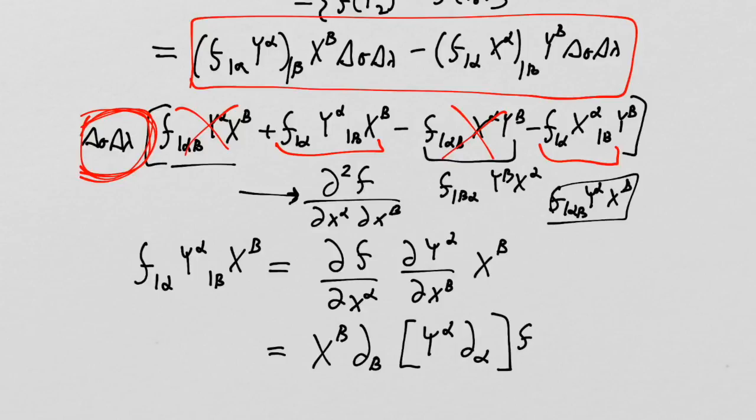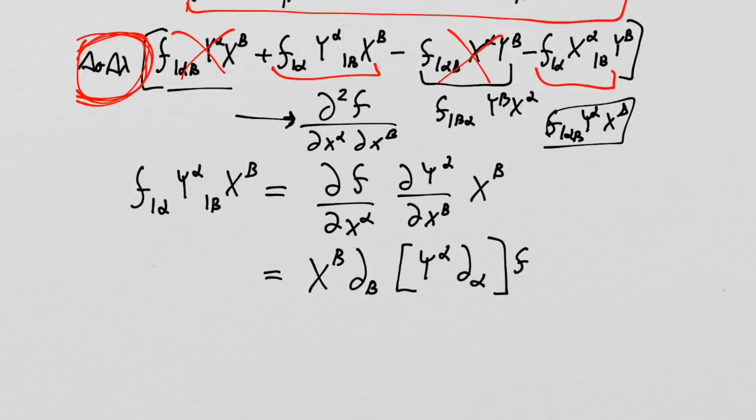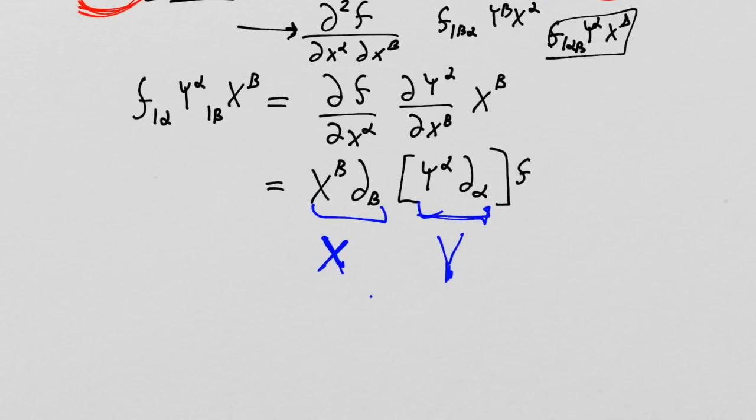And then we have this derivative operator acting on this guy. And now it's pretty straightforward to see this is, in our coordinate free notation, the vector x. This is the vector y. And this whole thing can be written as x, y, which are vector fields, acting on an arbitrary vector x.